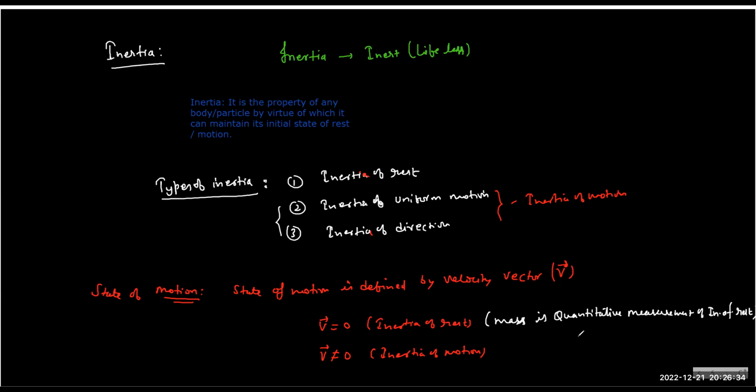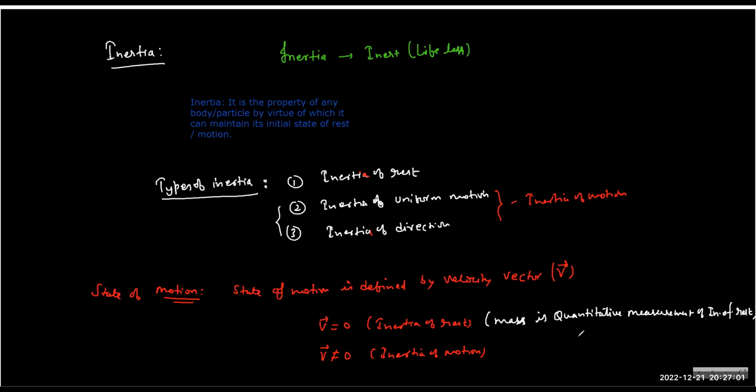A boulder means a big stone. If I throw both towards you with the same speed, which can you stop easily? The smaller one or the bigger one? The smaller one. But both are thrown with the same speed, yet they have different masses.